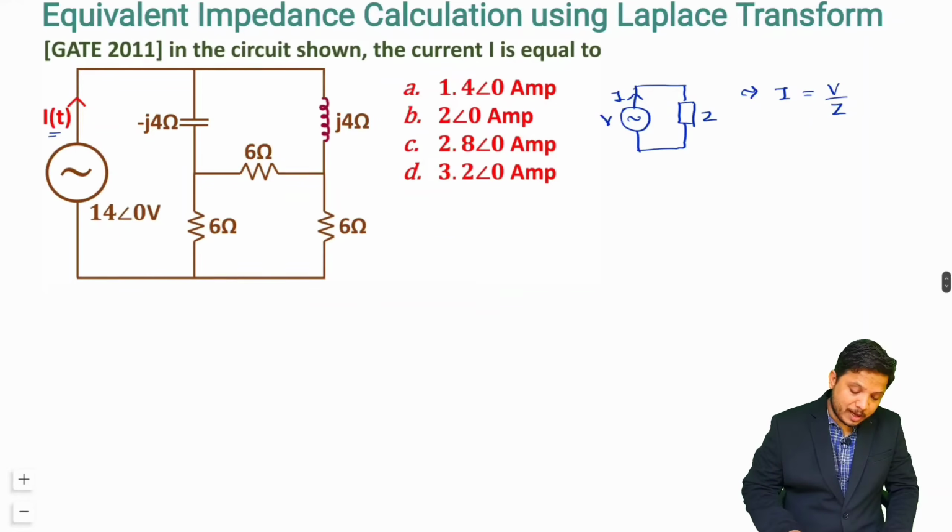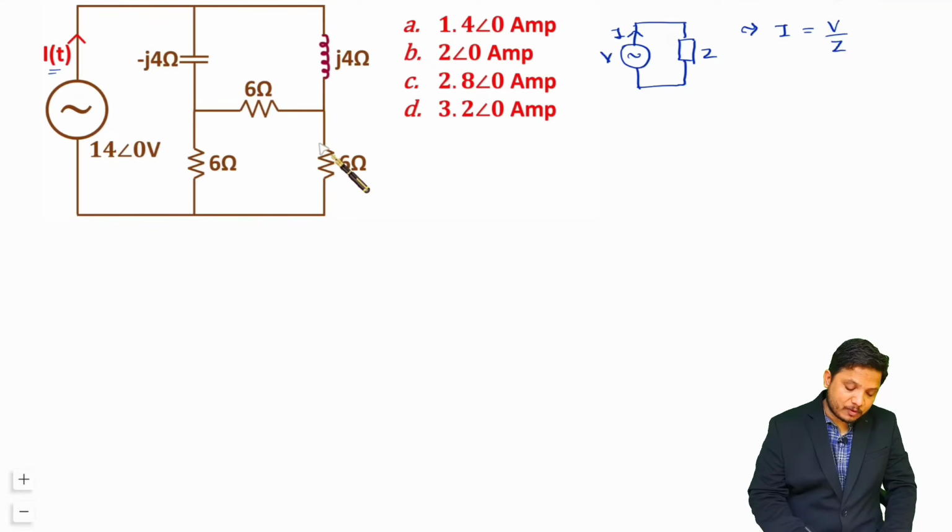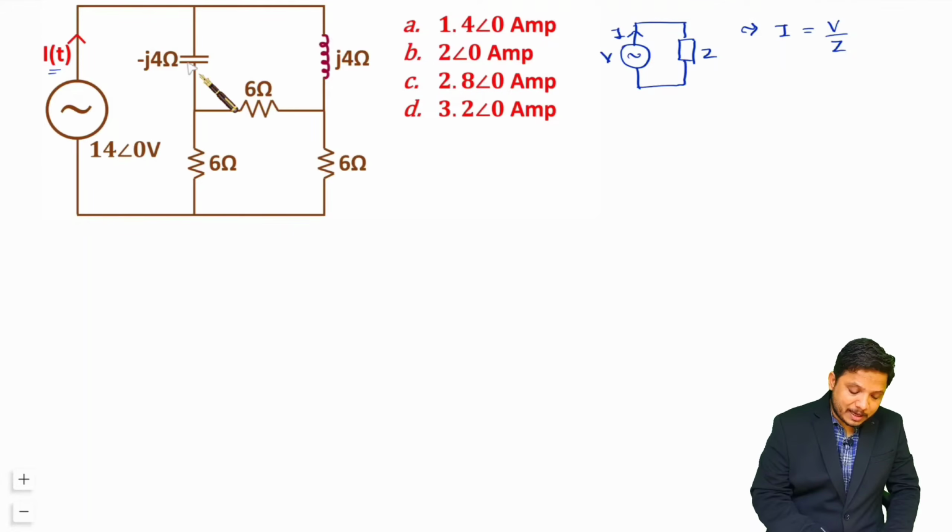Now whenever you have a bridge type of connection, and here a bridge type of connection is there, we need to check for balance. But you see here we have a capacitor and here we have an inductor. So for the capacitor the impedance is minus J4 and here it is plus J4.